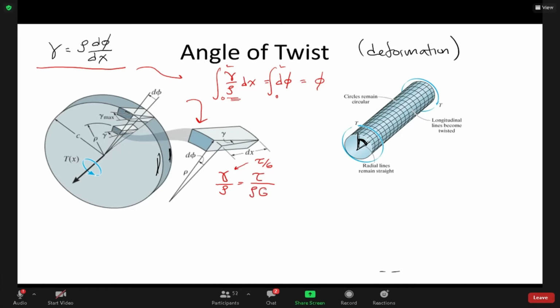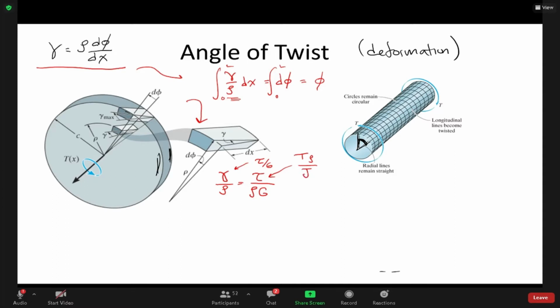We also remember that we can get the shear stress in terms of the torque. The shear stress is the applied torque times the radius over that geometric factor J, the second polar area moment.